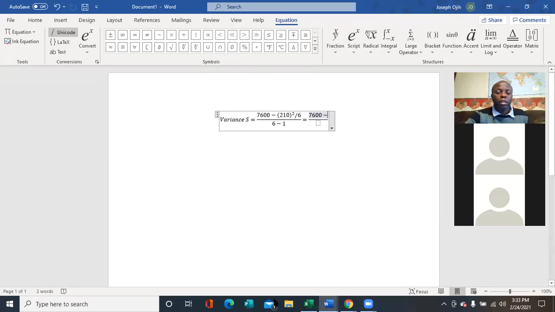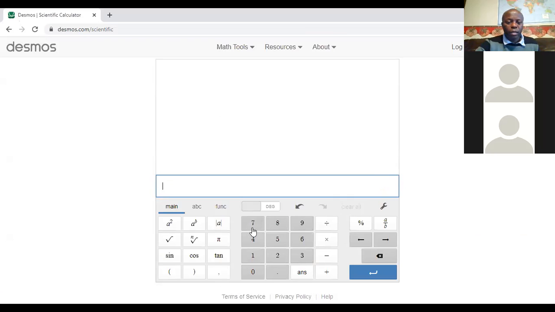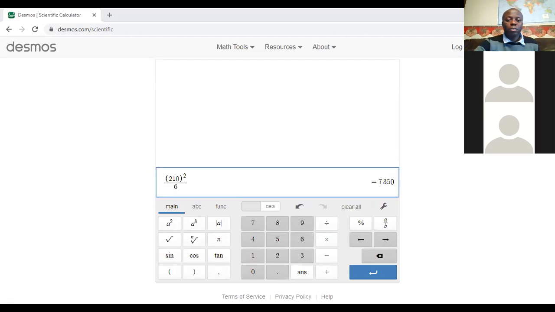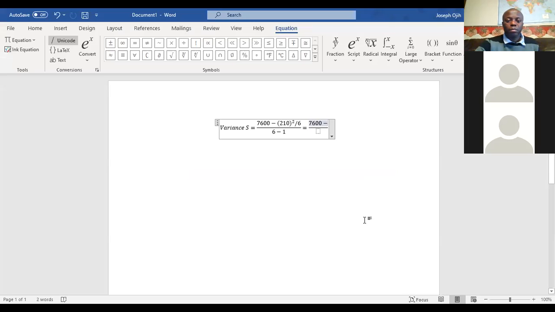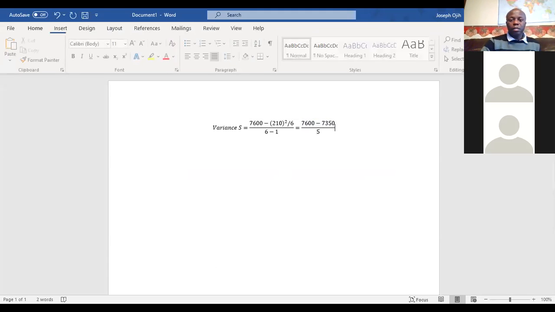Let's do it in decimals. 210 squared, then divided by 6, gives me 7,350. Over, now I have 6 minus 1, which is 5.